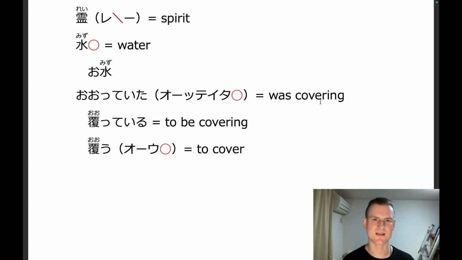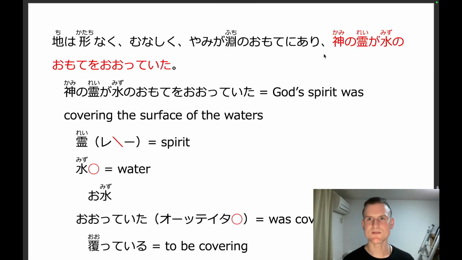Oteita is was covering. And this all comes from the verb ou, which means to cover. So don't worry too much about how we get from one place to another. Just know that oteiru can conjugate to oteita to give it the past tense meaning, was covering. Okay, so kami no rei ga mizu no omote o oteita. God's spirit was covering the surface of the waters.